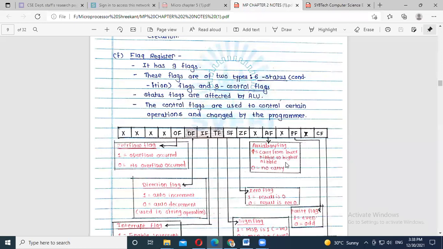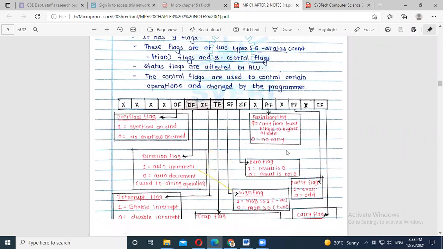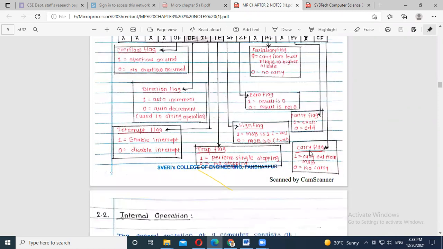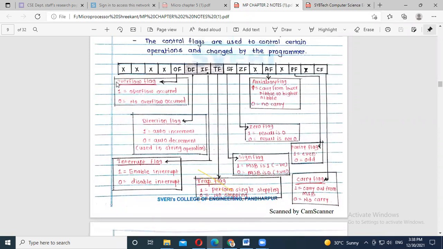In the 8085, we use only 5 types of flags, as you already know from the first unit. But in the second unit, 8086, we have to use 9 flags. All 9 flags I have to mention here: carry flag, parity flag, zero flag, auxiliary carry flag, sign flag, trap flag, interrupt flag, direction flag, and overflow flag.